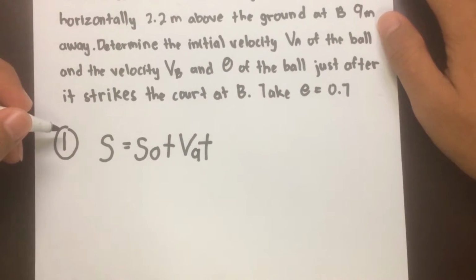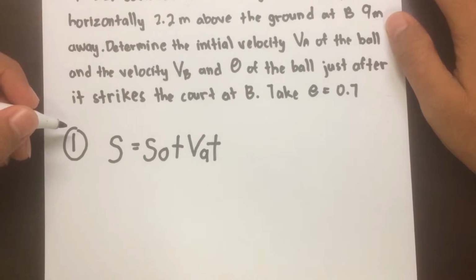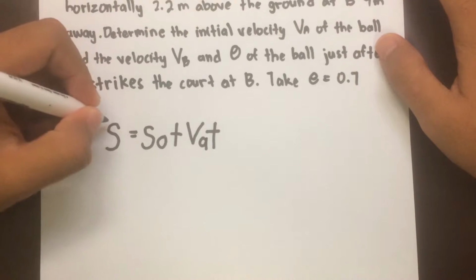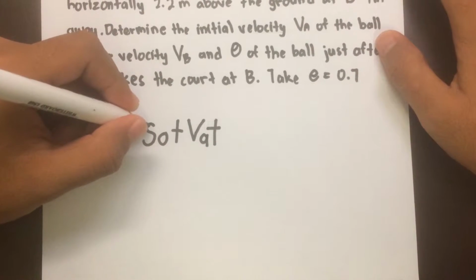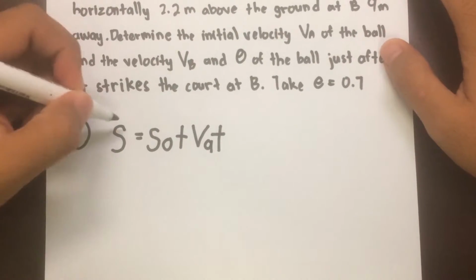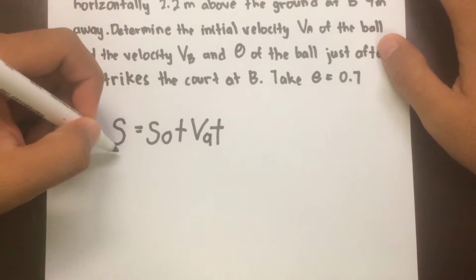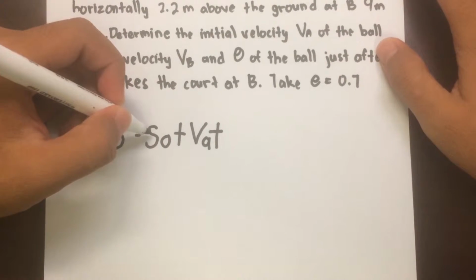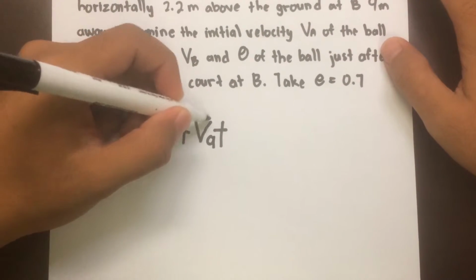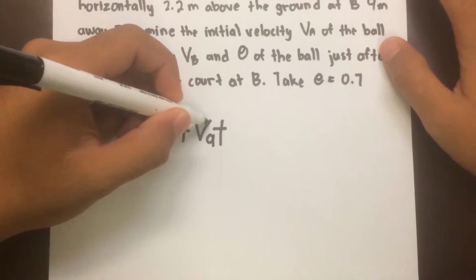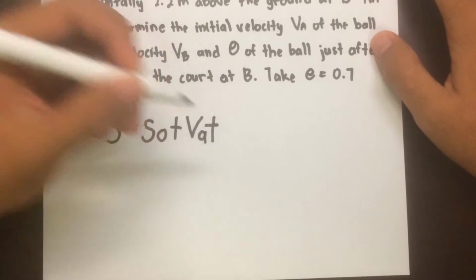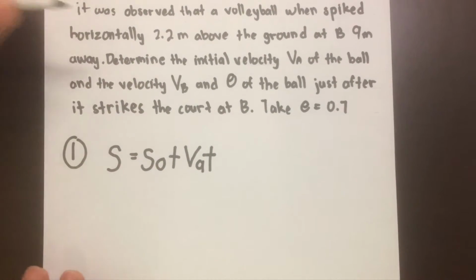For the first step, to find the initial velocity, we use the equation of motion S equal to S original plus VA times T, where S is displacement, S original is the original displacement, VA is the initial velocity, and T is time.